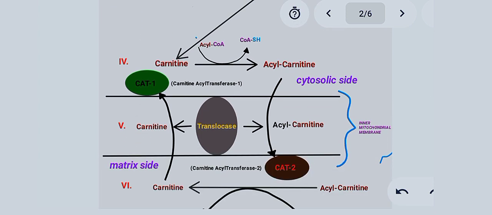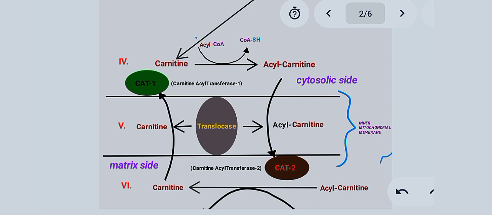When you look at the mitochondria, it has got two membranes. It has got the inner mitochondrial membrane and the outer mitochondrial membrane. But what we are looking at right now is the inner mitochondrial membrane. Now, the inner mitochondrial membrane is impermeable to fat acids. So fat acids cannot pass through it. Pure fat acids cannot penetrate the inner mitochondrial membrane.